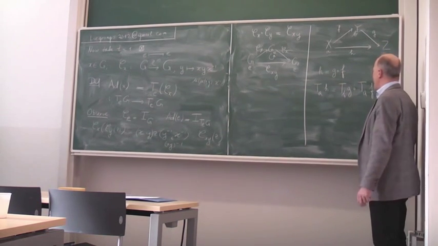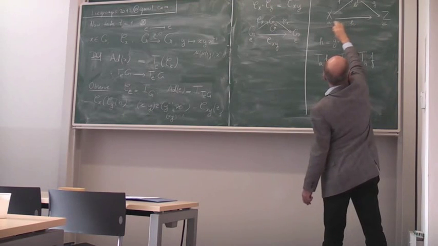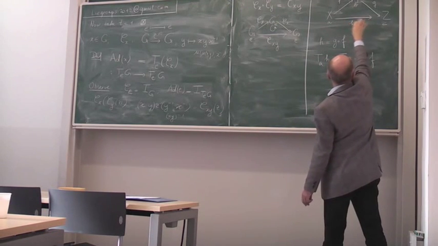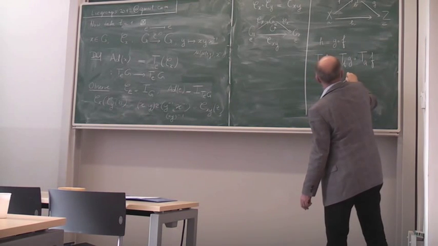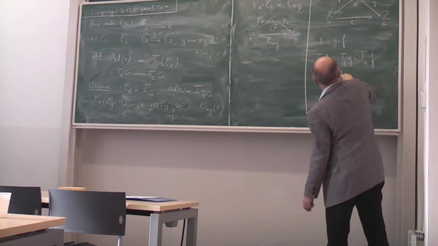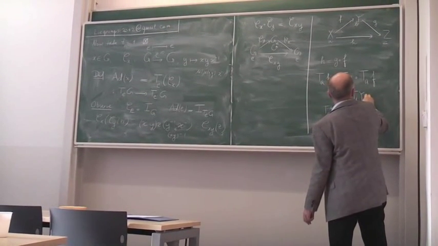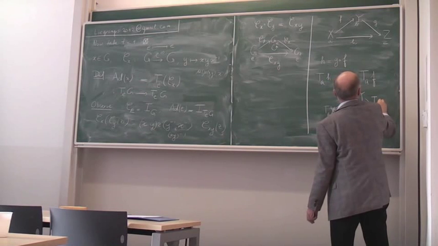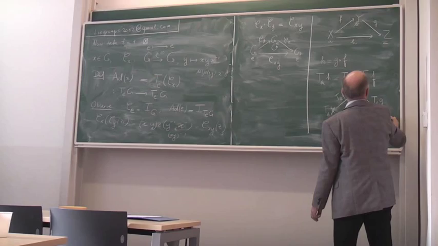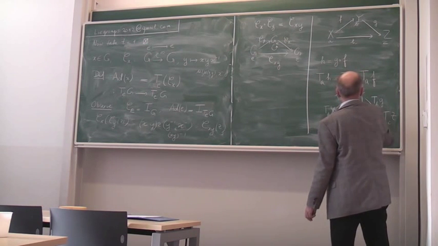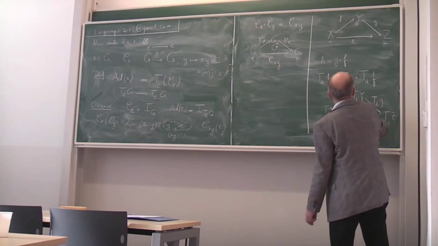But what this says is precisely that we can apply the tangent map functor to this situation, and then we get tangent maps to the tangent map at C of Z. And then here we have the tangent map at A of H. And this diagram commutes.